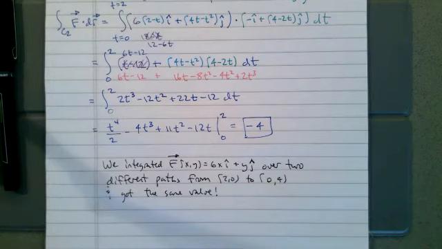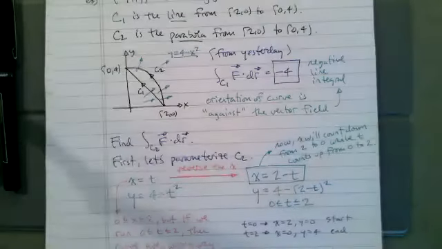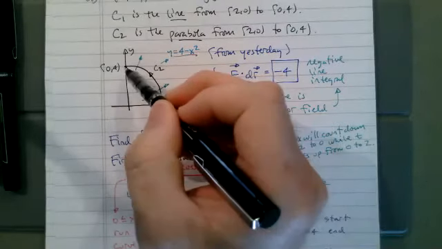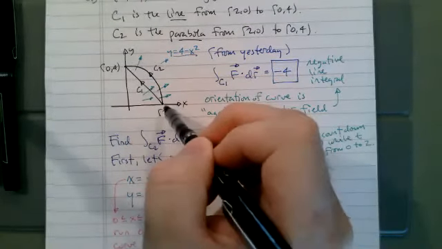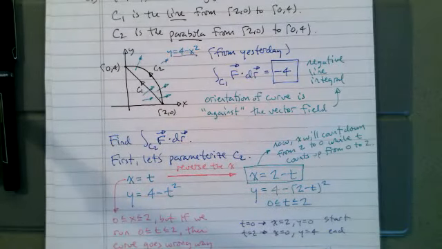If we go from point A to point B, if we have our bird fly from 2, 0 to 0, 4 along this line, and then another bird fly from 2, 0 to 0, 4 along this parabola, we might expect them to do different amounts of work. But they didn't. They did the same amount of work.